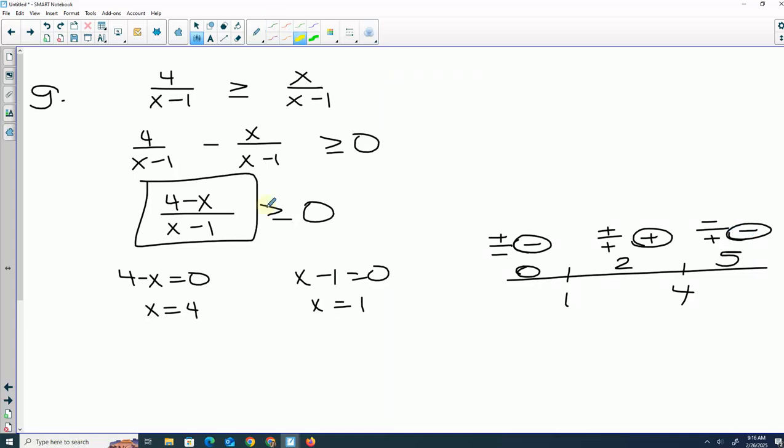We wanted greater than, which means positives. Equal to says bracket, but we know the denominator can't have a bracket. So the 1 gets parentheses, the 4 gets the bracket. So it's 1 to 4. Why does 4 get the bracket? Because it had an equal to 0, and that happens if the top of the fraction is 0. Other questions?